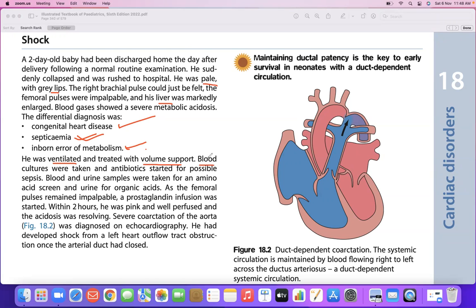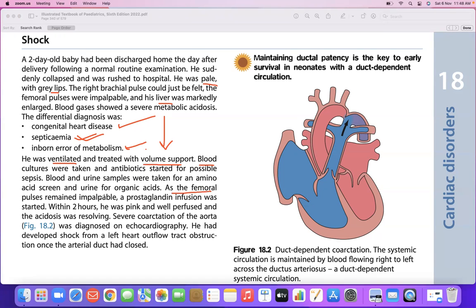So blood cultures were taken and antibiotics started for possible sepsis. Blood and urine samples were taken for amino acid screen and urine for organic acid. So keeping all this in mind, everything was done for the child. Blood cultures were sent and a metabolic screen was done.